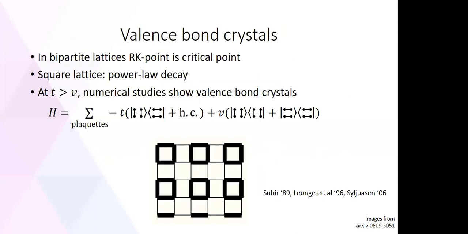Other than at the RK point, I also mentioned that the RK Hamiltonian has several other phases, which were studied mainly numerically. For example, we had these plaquette states, which are pictorially shown here.